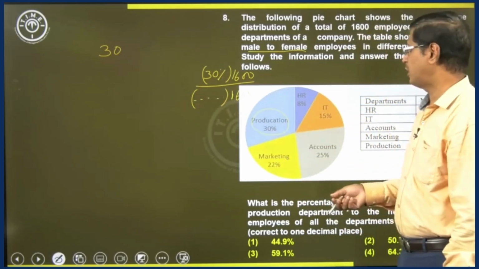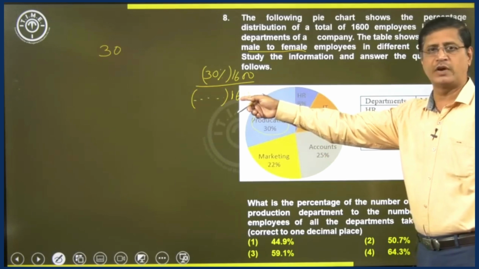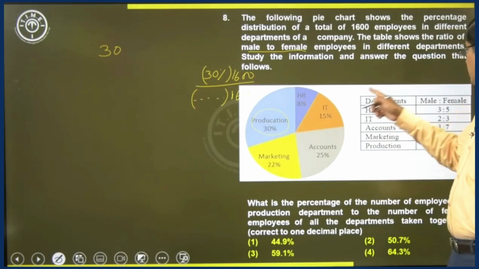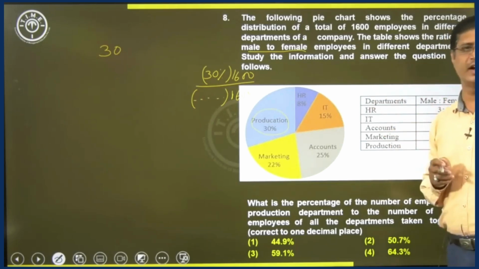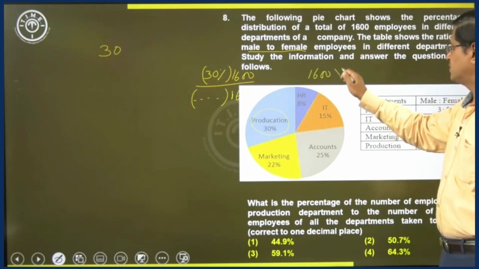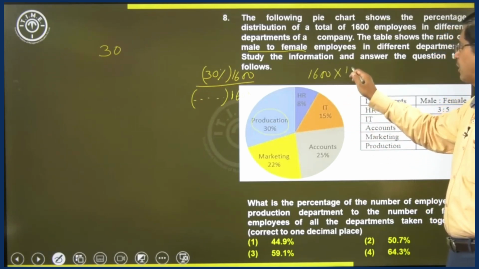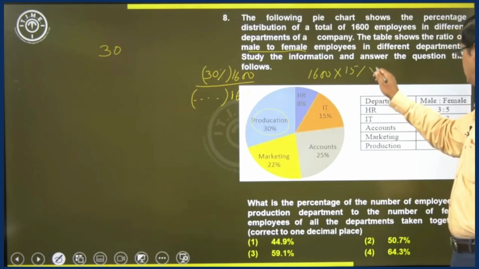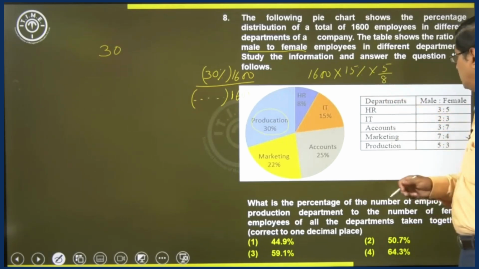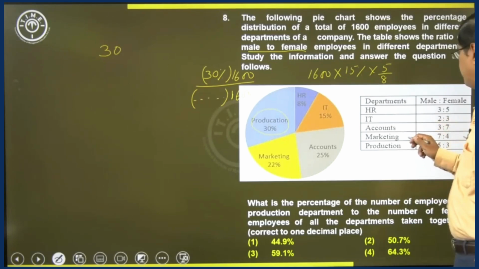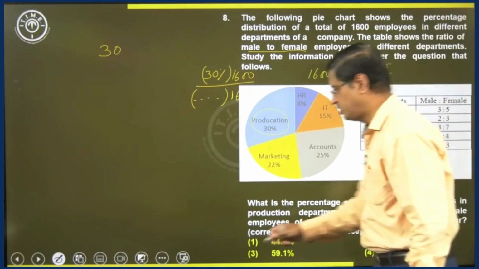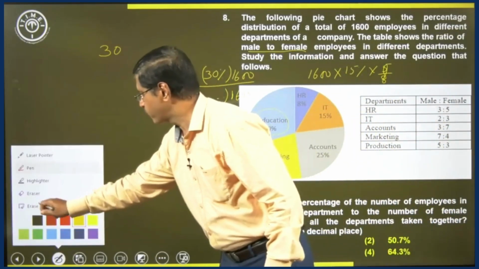In all these departments, we need to find the females, multiplying 1600 into the percentage with respect to this ratio. Look at the board please, 1600, IT department 15%, in that female 3 by 5. A small correction here, 3 by 5.